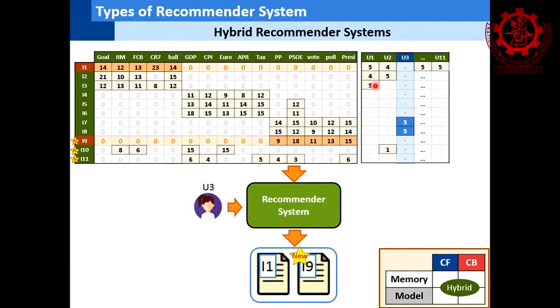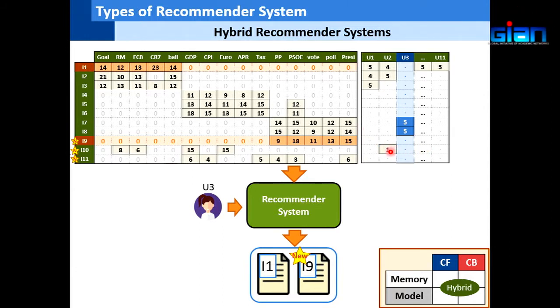Just imagine that we have 3 new items. In this case, you can see that we have information on the content of the item, of course, because we know the keywords that appear in this new item. But this item has not been rated, or if it is rated, it is rated by very few users.